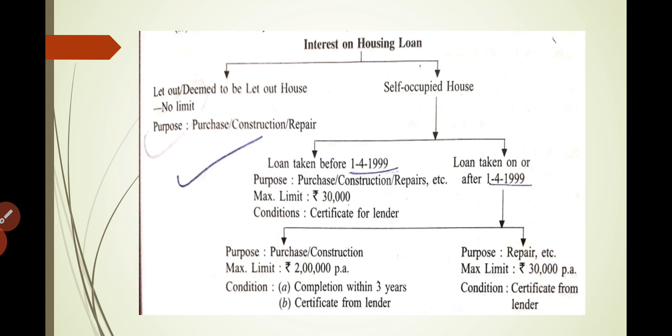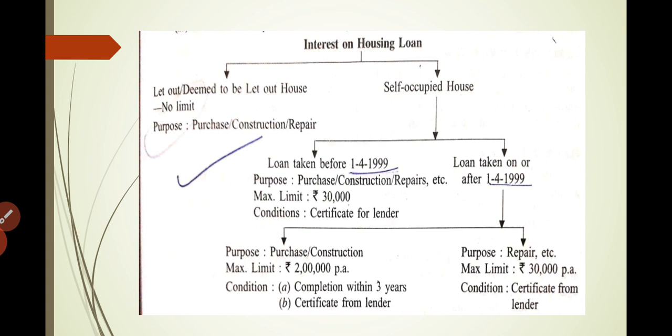Loan taken on or after 1/4/1999, in that case there are two subdivisions. The loan taken for the purpose of purchase or construction has a maximum limit of 2 lakh per annum.